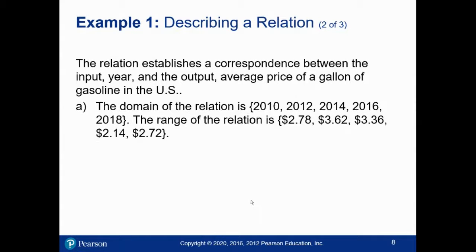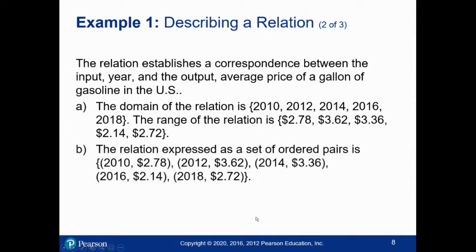So the domain are the years that are given to us. Now we may have data for other years, in which case the domain might include other things, but in this problem we were only given data for 2010, 2012, 2014, 2016, 2018, and correspondingly the only data we have for range is 2.78, 3.62, and so forth. Okay.